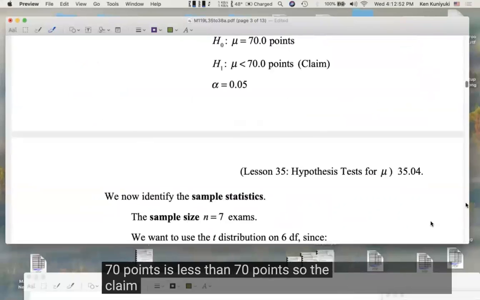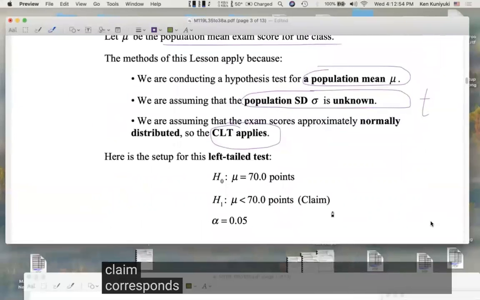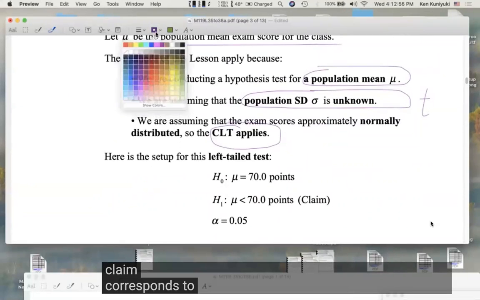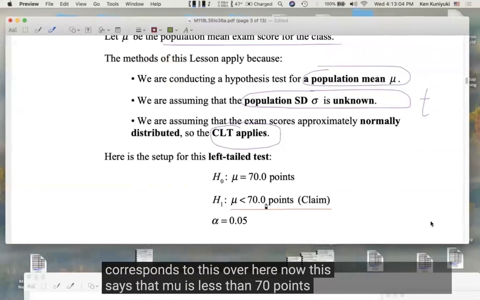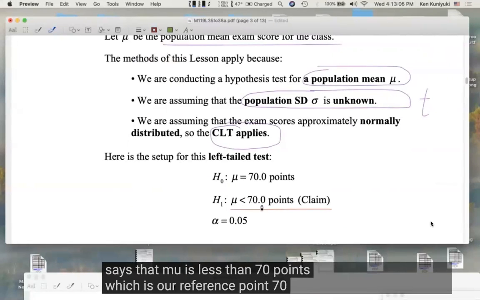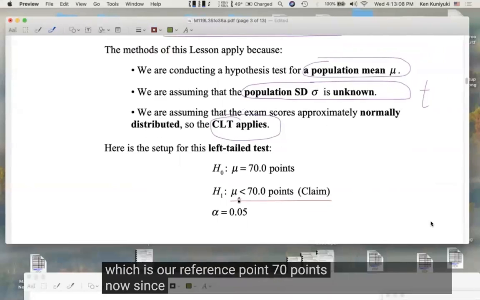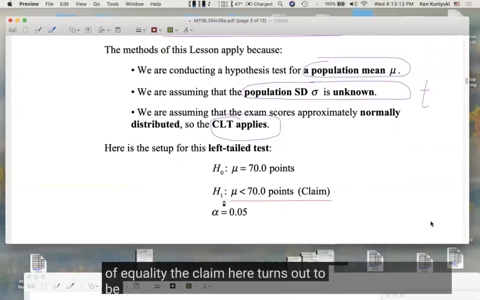So the claim corresponds to this over here. Now, this says that mu is less than 70 points, which is our reference point, 70 points. Since this does not include the case of equality, the claim here turns out to be the alternative.